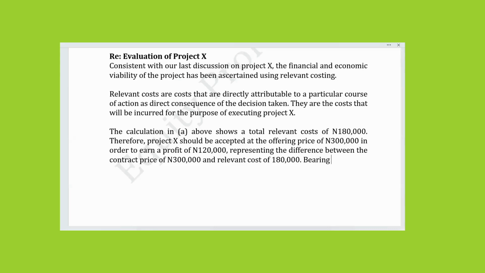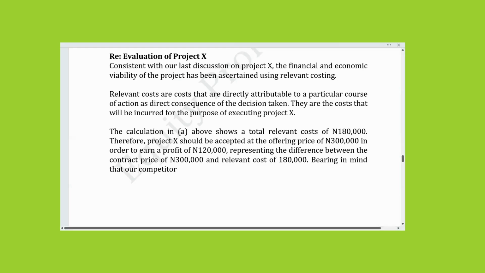Bearing in mind that our competitor, so you have to internalize it, you have to personalize it. So you are speaking as if you are the employee of the company. That's why you are using our, so you are personalizing it. You are internalizing that you are part of the company. All right. So bearing in mind that our competitor, or you can say major competitor, or you can just say competitor, whichever one.